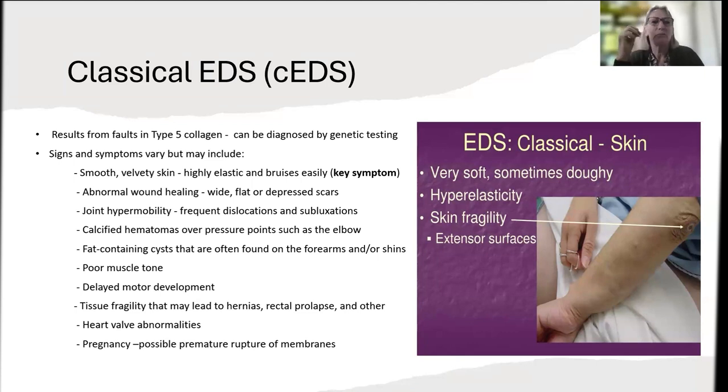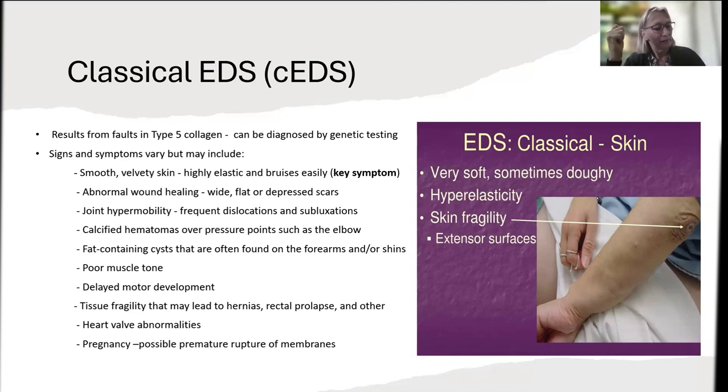But the main symptom with classical EDS, the thing that's very distinctive, is skin issues. So the skin is smooth, velvety and soft. Some people say it feels doughy to touch, highly elastic, and bruises very easily.